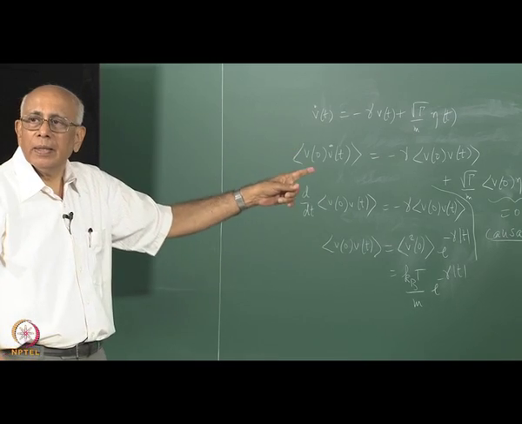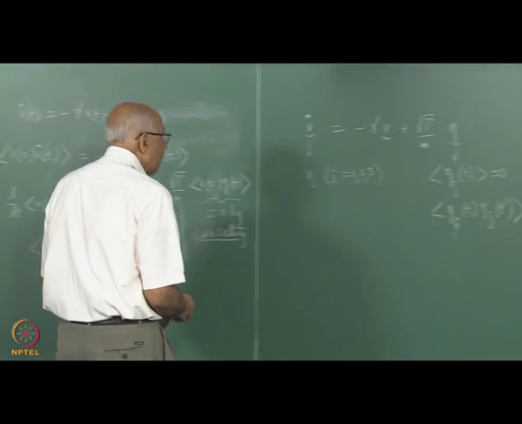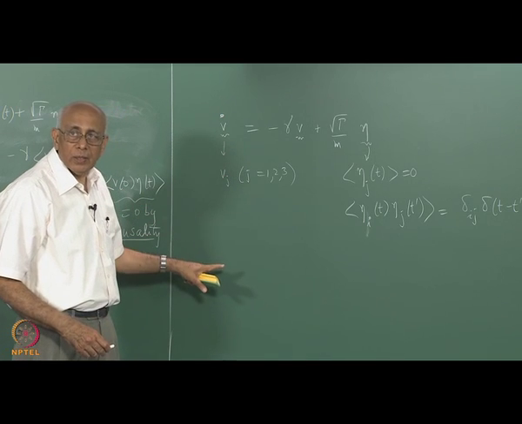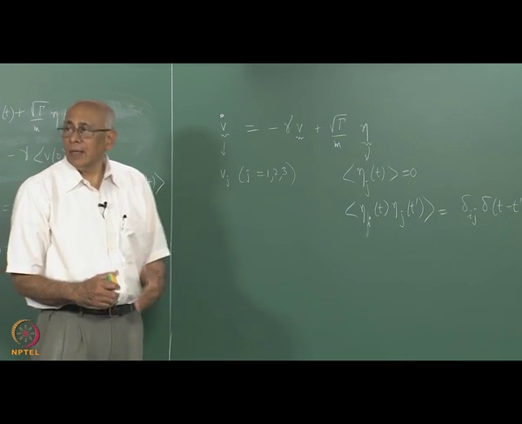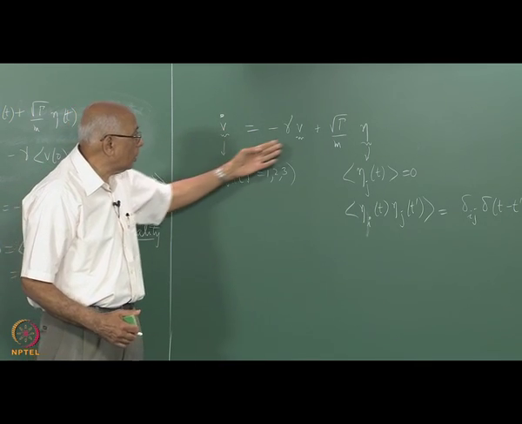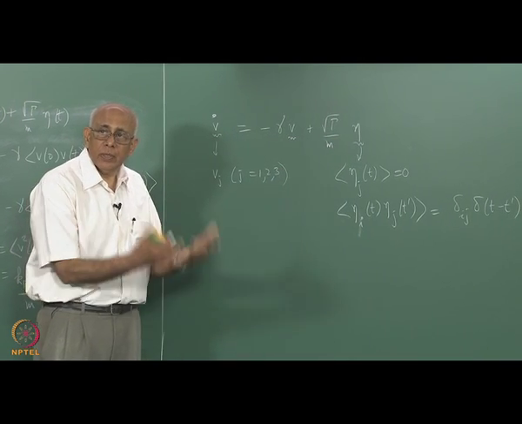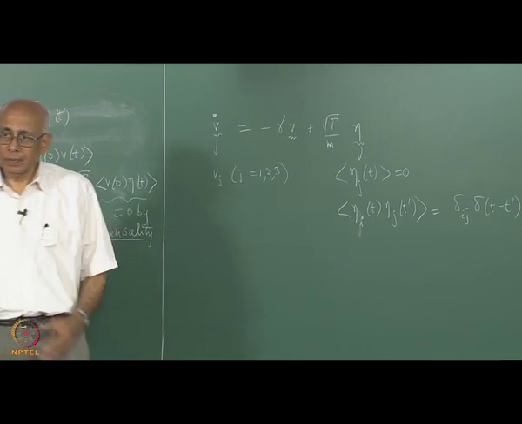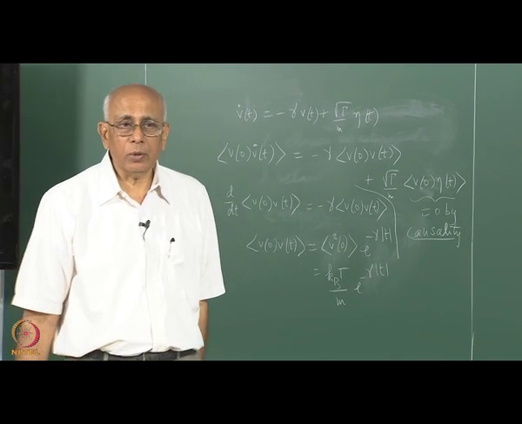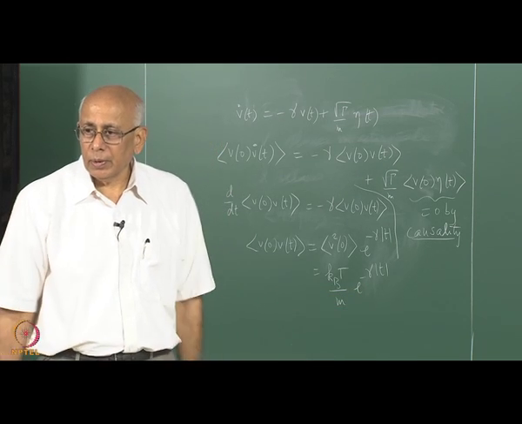What do you think is going to happen there if I did the same thing? Well, I write this out for each Cartesian component and notice exactly the same property as before. I write Vj dot is a Vj here and an eta j, and I multiply by Vj of 0 on the left hand side and solve the differential equation, use the same causality argument, and you get exactly the same answer for each Cartesian component, right.